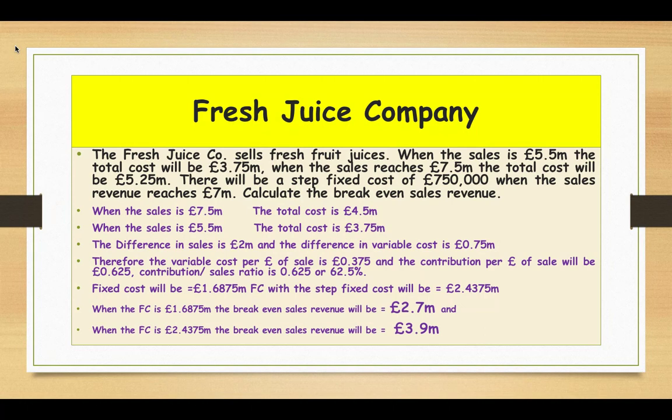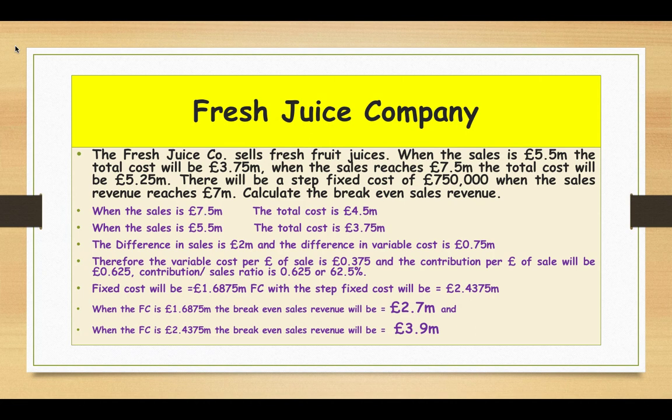In this example, they haven't given us the CS ratio, or the contribution to sales ratio. We need to calculate it. So the first step, we need to calculate the variable cost per pound of sales.